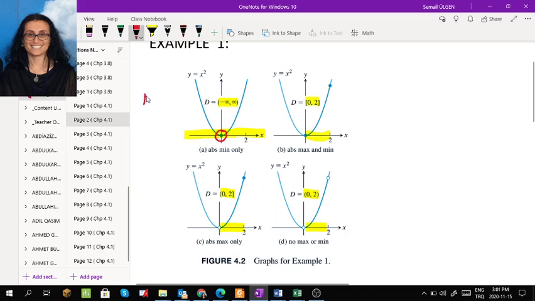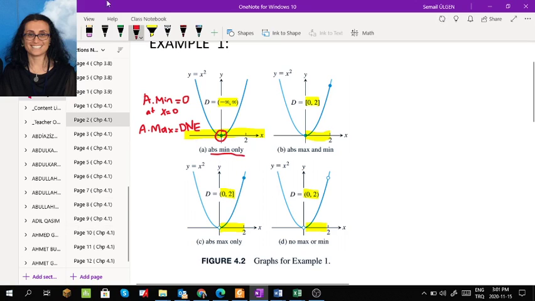I'm going to write that the absolute minimum value is 0, at 0, but the absolute maximum does not exist, because the domain is all real. The function takes infinitely many positive values here. That's why it says absolute minimum only, so we don't have an absolute max.